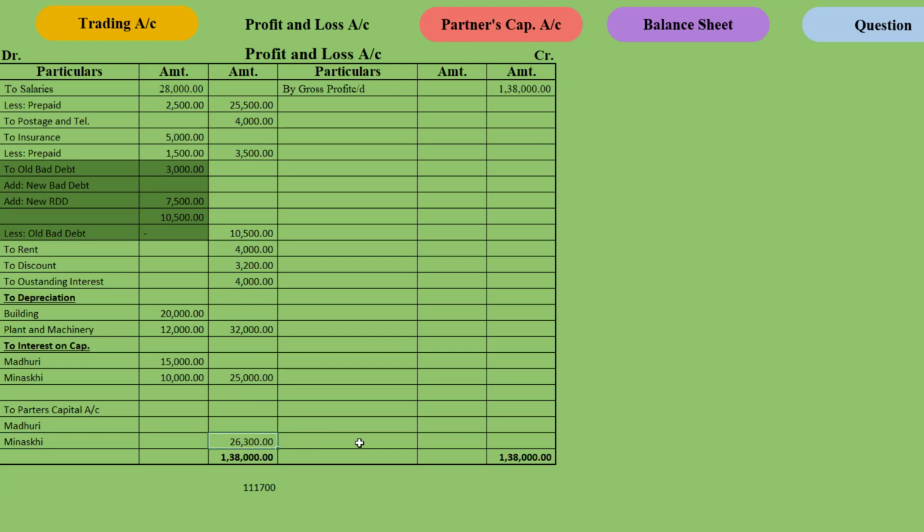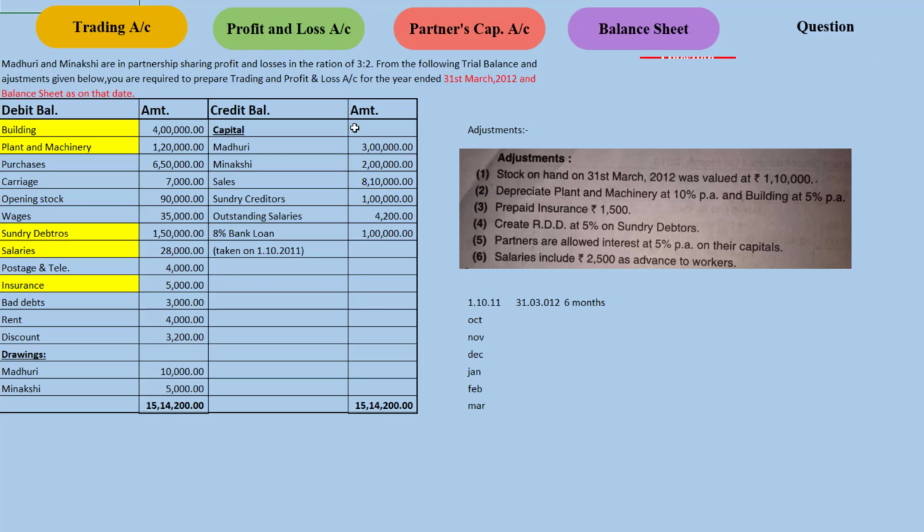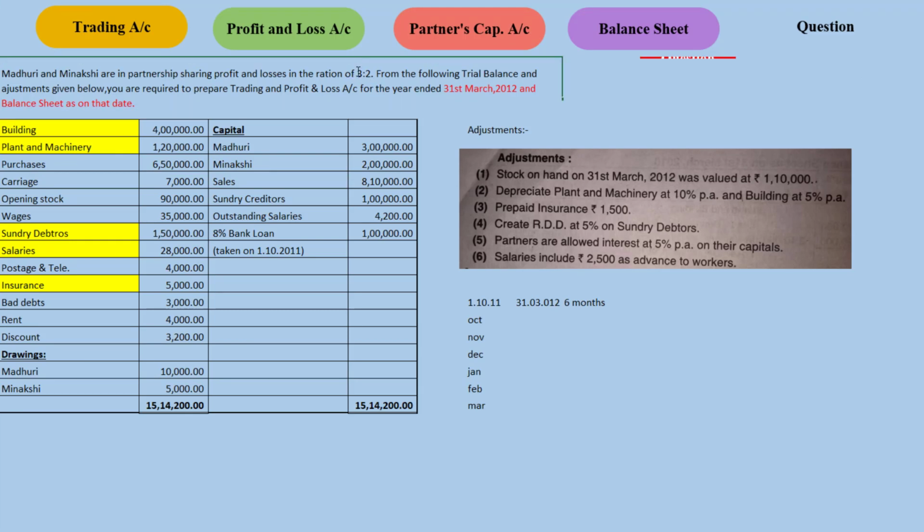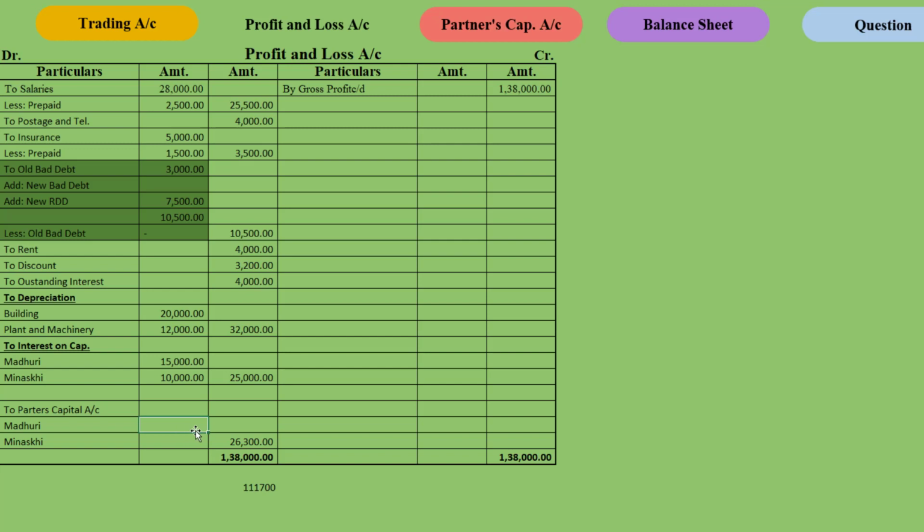Now this 26,300 will be divided into 3:2. See, this is the profit sharing ratio. Their profit sharing ratio is 3:2. How will we calculate? Go back to the profit and loss account. See Madhuri's share. We are calculating Madhuri's share first.